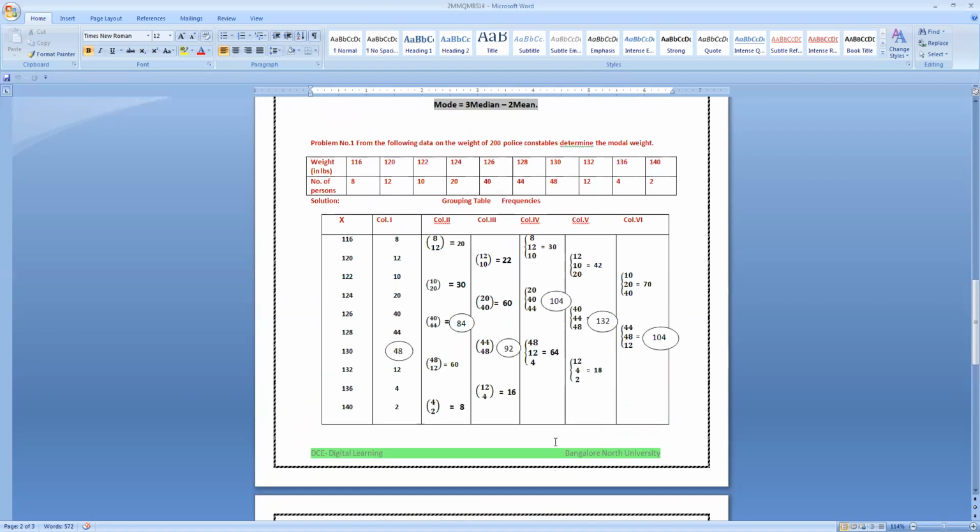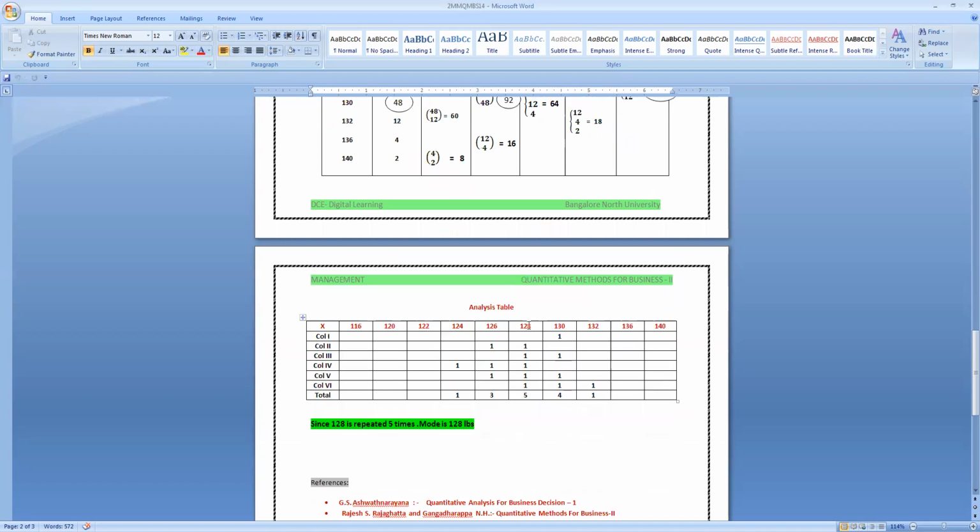Then the last one we have to mark is the sixth column, 104. How did we get this 104? By adding three frequencies: 44, 48 and 12. Corresponding to these, the variable values are 128, 130 and 132. So this is how we should mark 1 in front of the variable values in the analysis table.